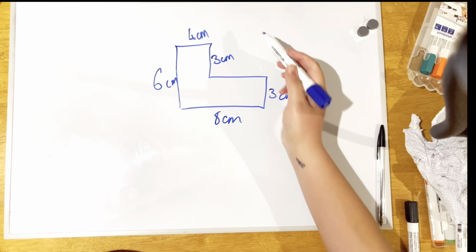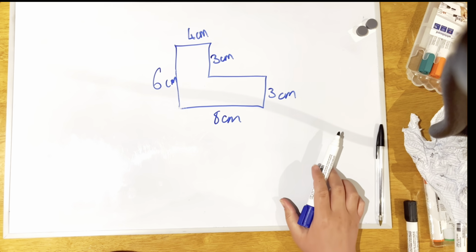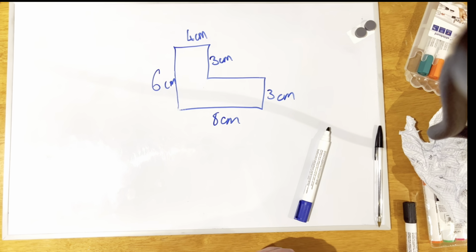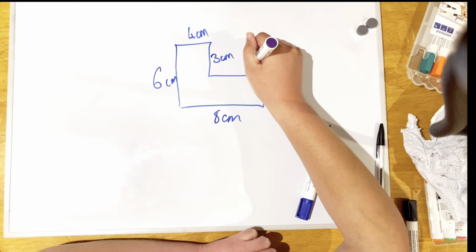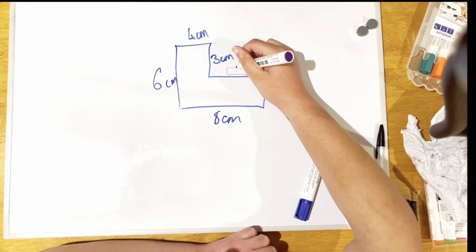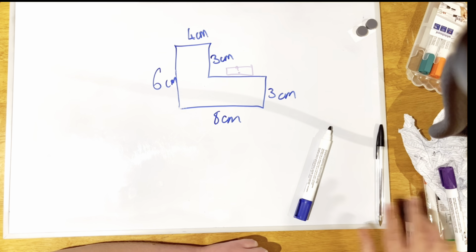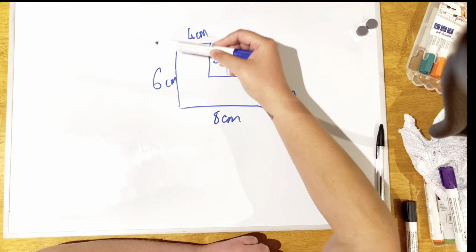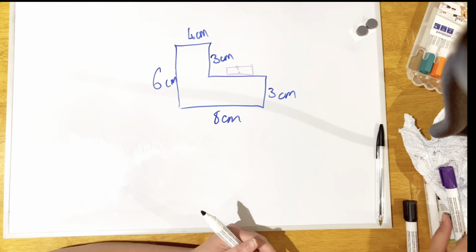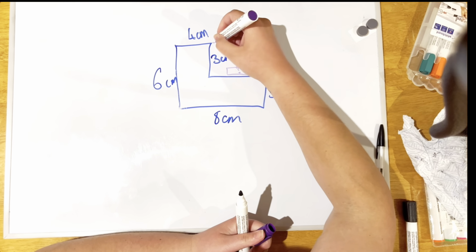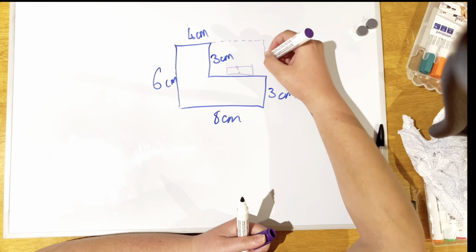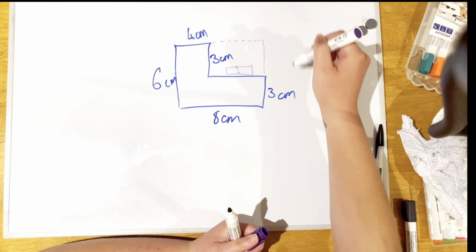The perimeter of my whole shape is 42 centimetres. Question 3, I want to work out the perimeter of this shape. But one thing that I notice straight away is that I'm missing a length here. So I need to work out that length first, because perimeter is all the way around. Well, I could see that if I had this section here, it would be a full square.